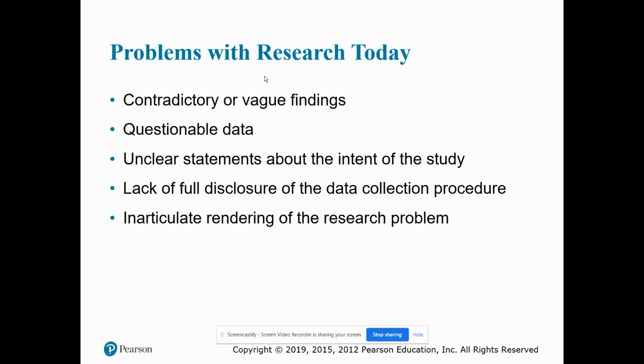So we want to make sure that we avoid that. And there's unclear statements about the intent of the study. So we're going to learn how to make clear purpose statements for our study. And all of that can be found on page 7 in your textbook.